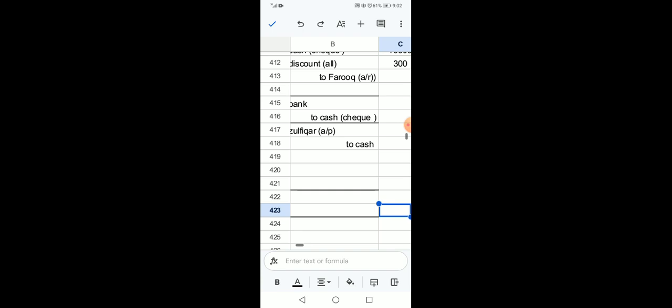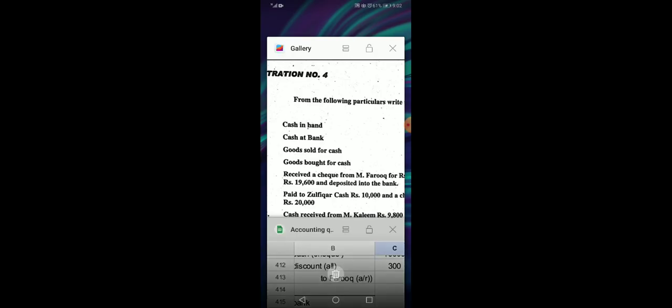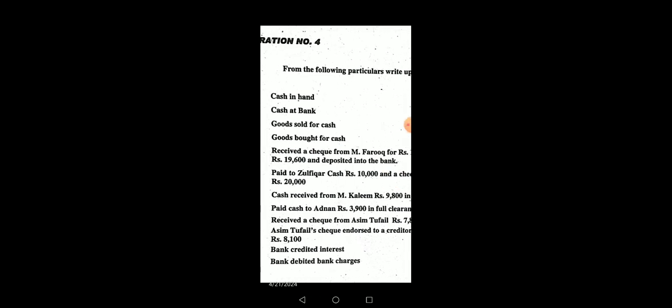So half the payment is made in cash, and the remaining half is paid by a check of rupees 9,400. When you pay someone by check, you have paid Zulfikar a check.